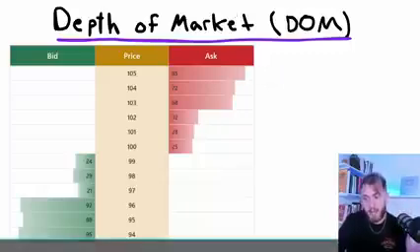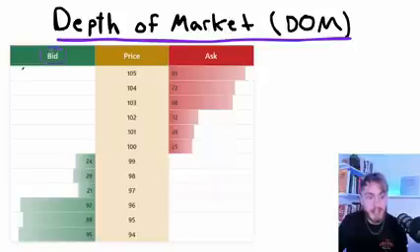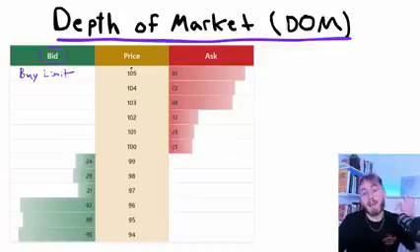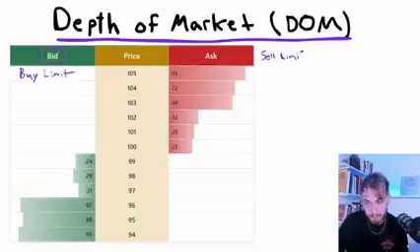So first of all, we have two sides. The green side here is known as the bid side, and this is where the buy limit orders are placed. So you can think about bid as buy limit orders, and the ask side is the sell limit orders. And what you also can see here is that you have the price in the middle. So let's say that this is a stock.